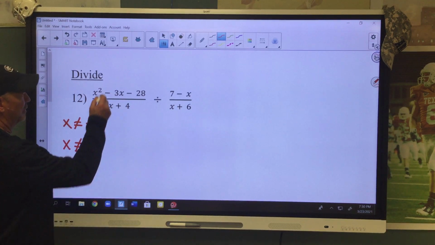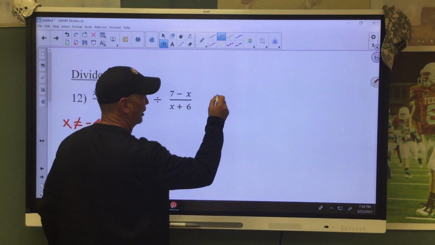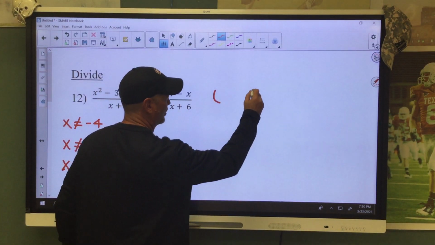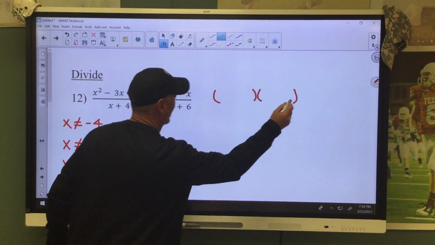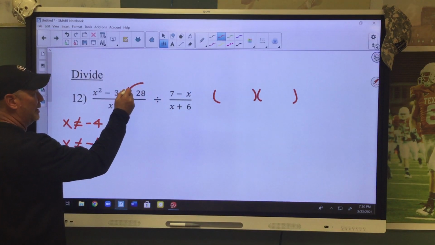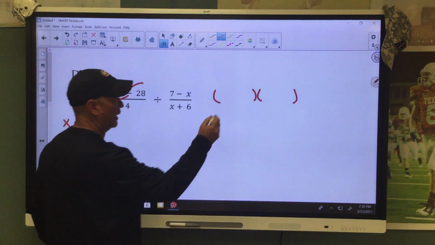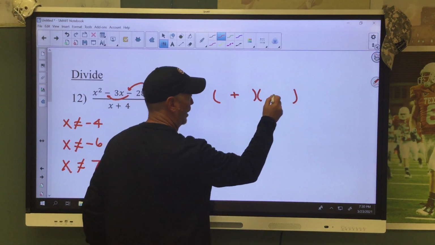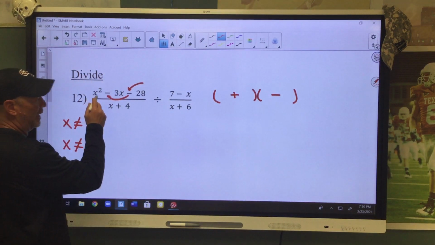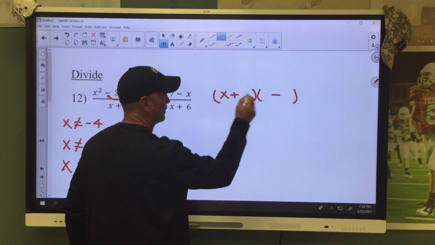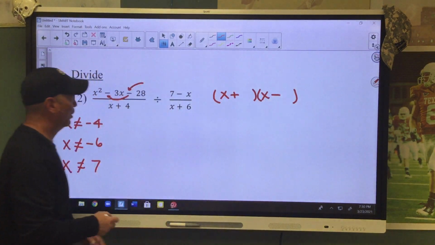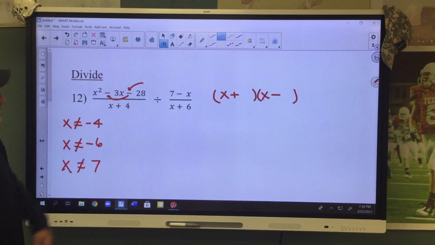When I factor this, I'm going to get 2 parentheses. I'm going to do it over here. 2 parentheses. Signs are going to be different. The bigger number gets that sign. So we're going to say a plus, a minus. We're going to break down the x squared as x times x. We're going to break down that negative 28. Okay?